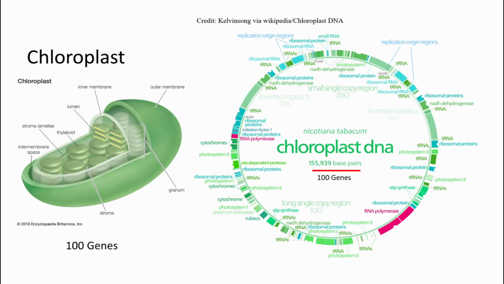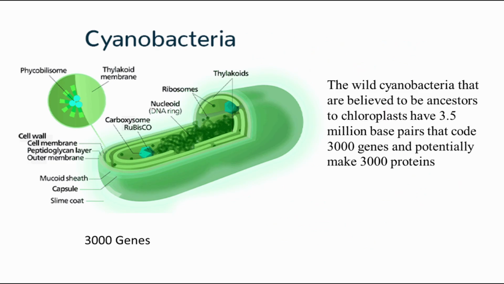In plants, chloroplasts have 120,000 to 170,000 base pairs and 60 to 100 genes that code for 60 to 100 proteins. The wild cyanobacteria that are believed to be ancestors to chloroplasts have 3.5 million base pairs that code for 3,000 genes and potentially make 3,000 proteins.